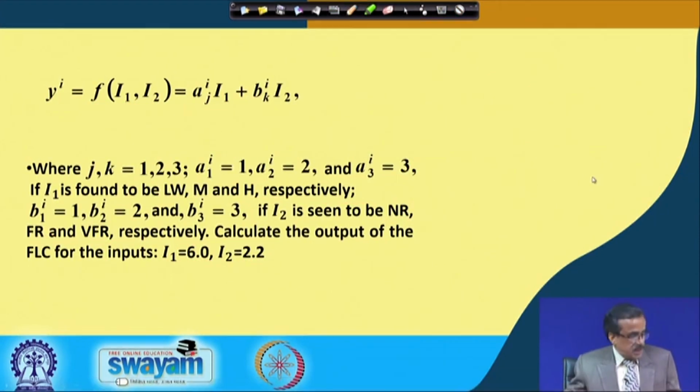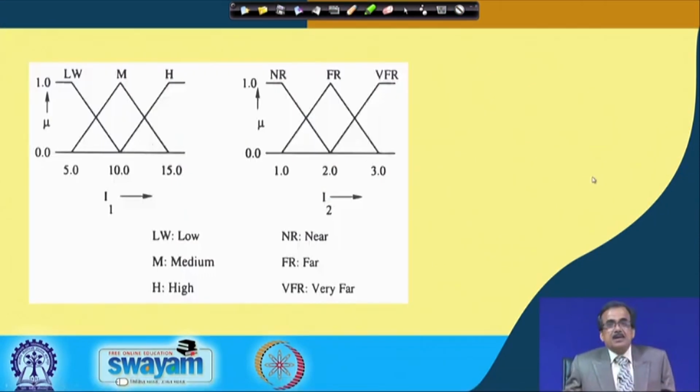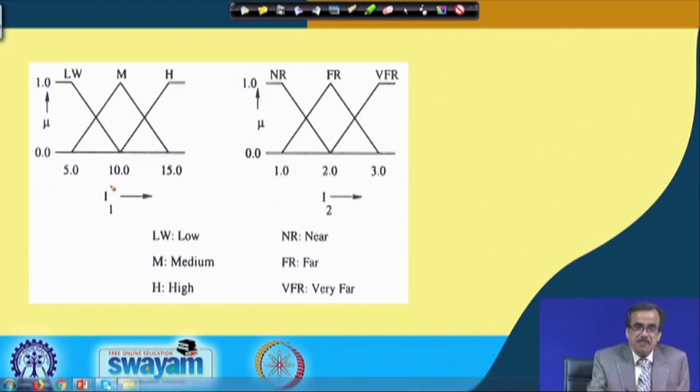Now, if you see the membership function distribution for the inputs, this is the membership function distribution for the first input, that is I 1. The range for I 1 is 5.0 to 15.0, and this particular range is expressed using 3 linguistic terms: low, medium and high.